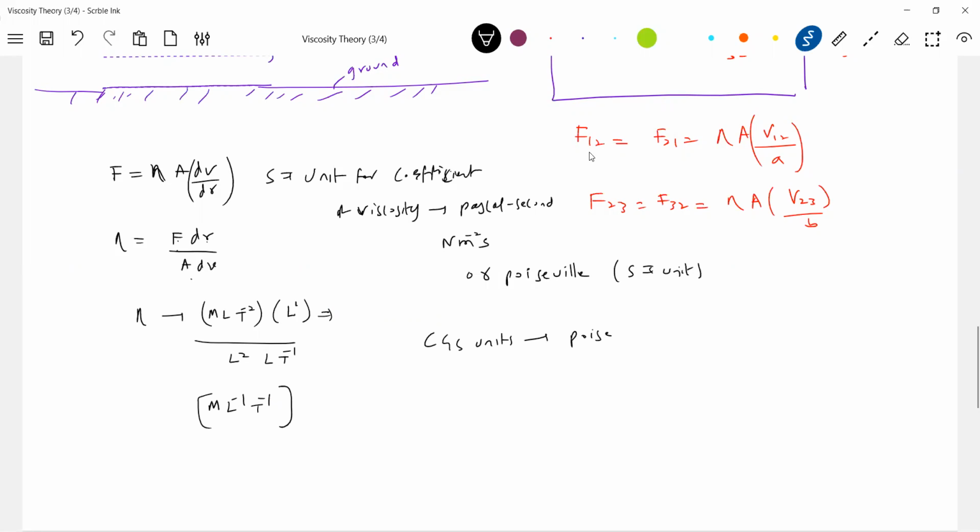And all our formulas you can see are in terms of poise only. So poise is 1/10 of a Poiseuille. Therefore, the Poiseuille is also called the decapoise. So one Poiseuille you can call a decapoise.